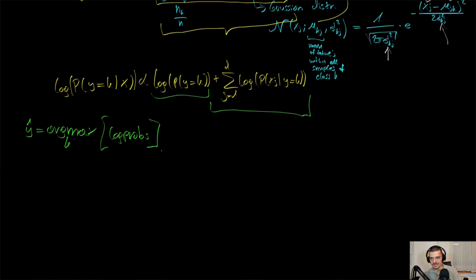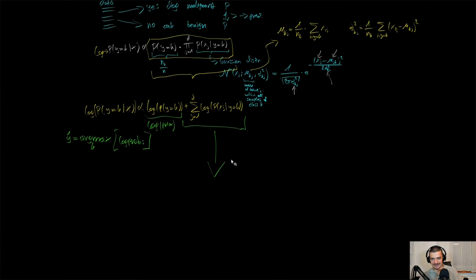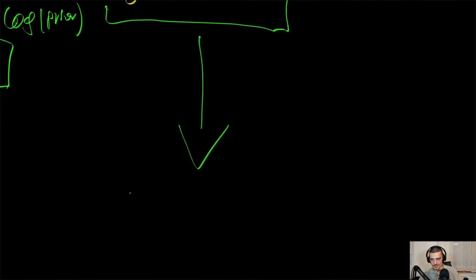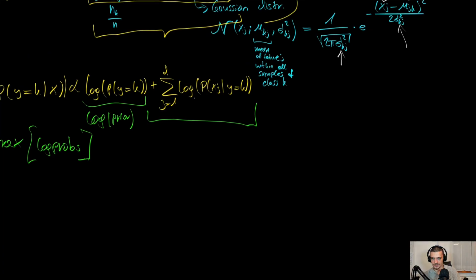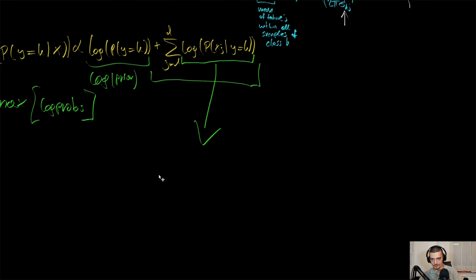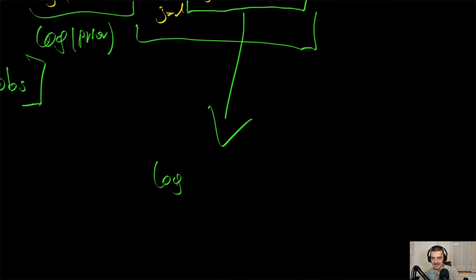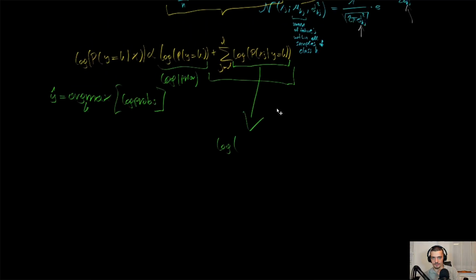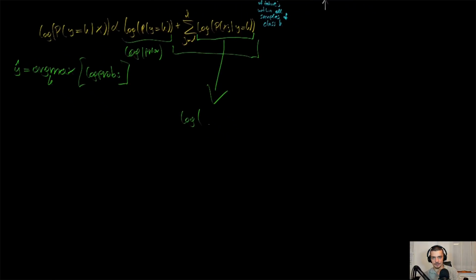Just as context. So this part here is very simple. We just have the logarithm of the prior probability. We can ignore that. The interesting thing here is the normal distribution part. So what we do is we have here the sum. So actually we're only interested even in that part, so in the small logarithm part, because that is the same as the logarithm of, so what is this probability? It is the normal distribution, right?